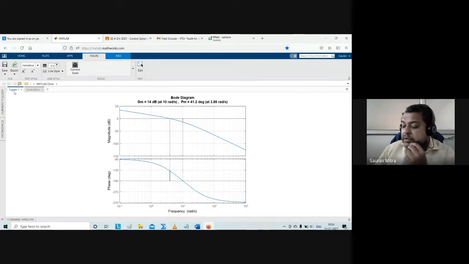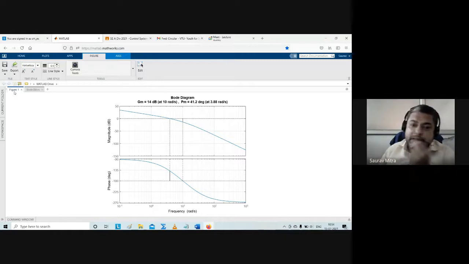Hence phase margin: you have to see how much above it is with respect to the 180. So directly you can say 180 degree minus 138.8 degree, that is equal to plus 41.2 degree. So that is the phase margin.